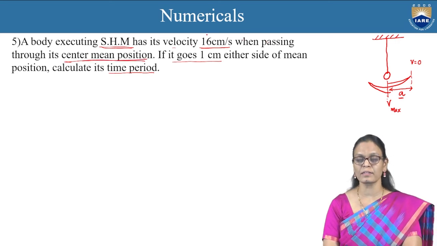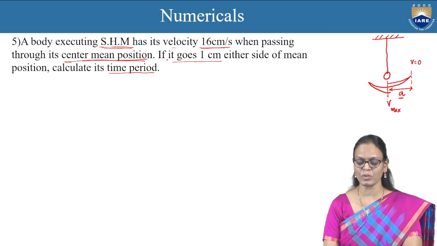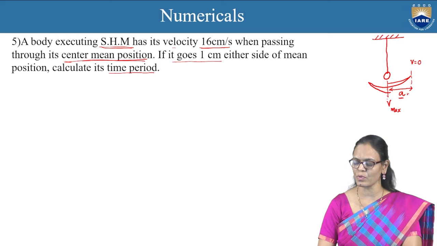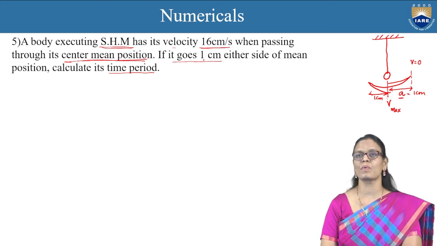So I can consider this velocity as the maximum velocity, Vmax is 16 centimeter per second. And then it goes 1 centimeter on either side. So here it is going 1 centimeter and here also 1 centimeter. That is the maximum displacement it is having. So I can write 1 centimeter as the amplitude. Given the maximum velocity and amplitude, we have to find the time period.